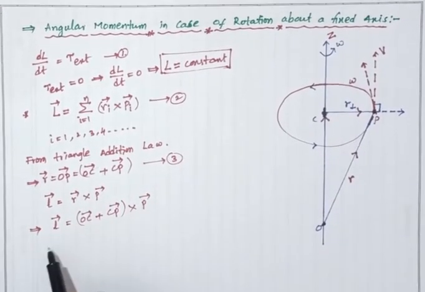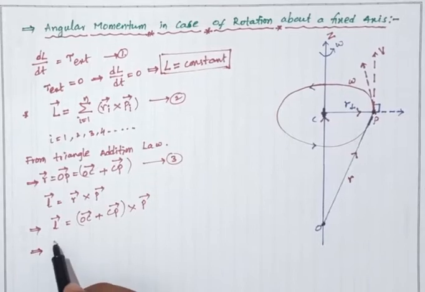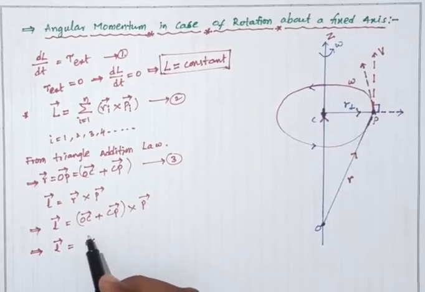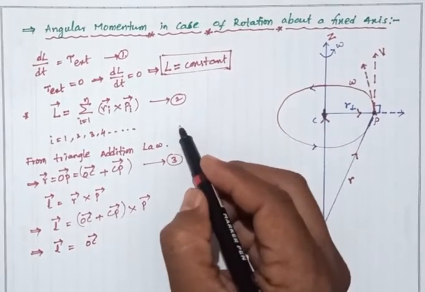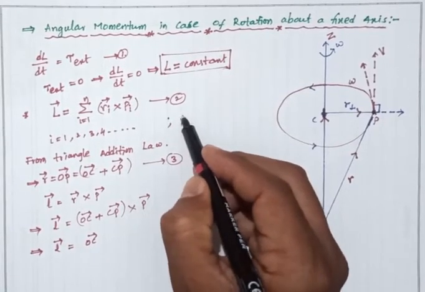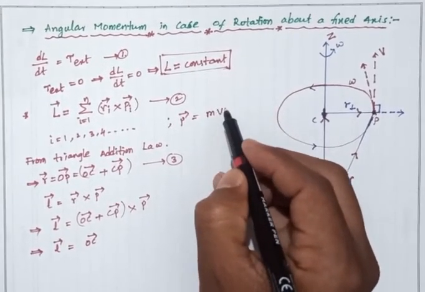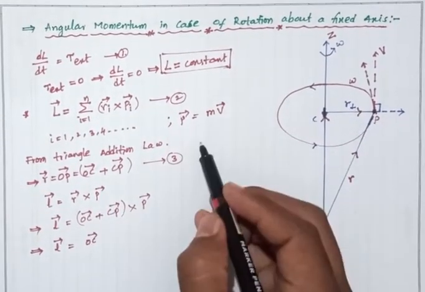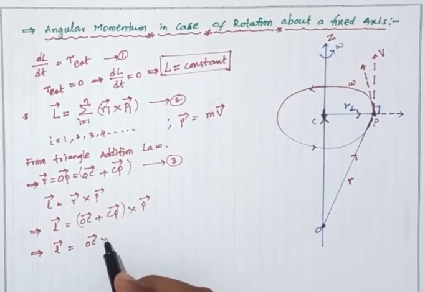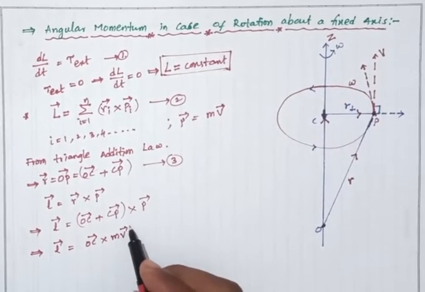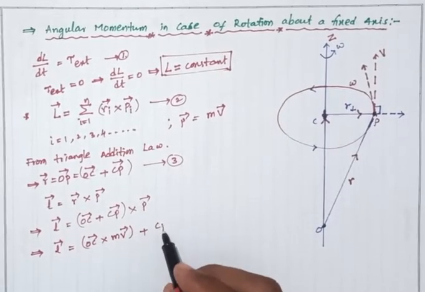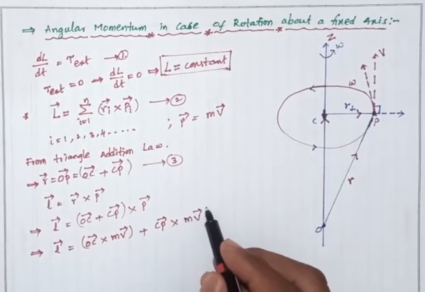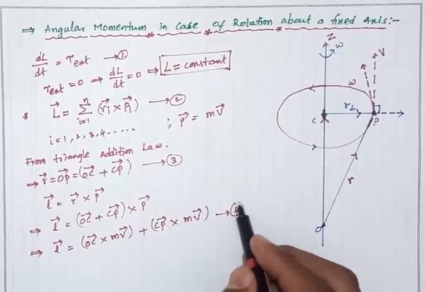So L bar equals OC bar cross P bar, and P bar is nothing but m times vector V bar. Then L bar equals OC bar cross mV bar plus CP bar cross mV bar. This is equation number 4.